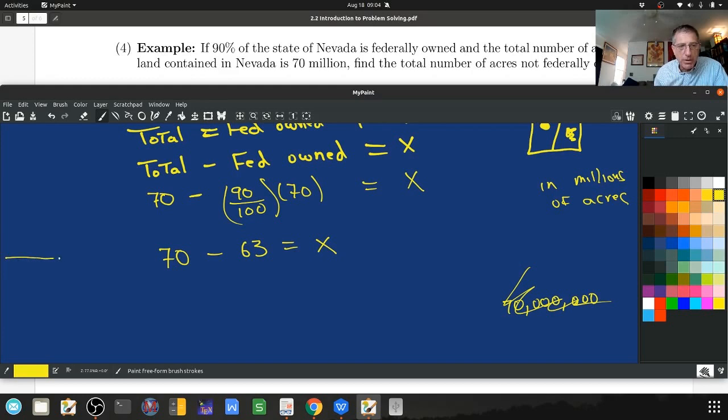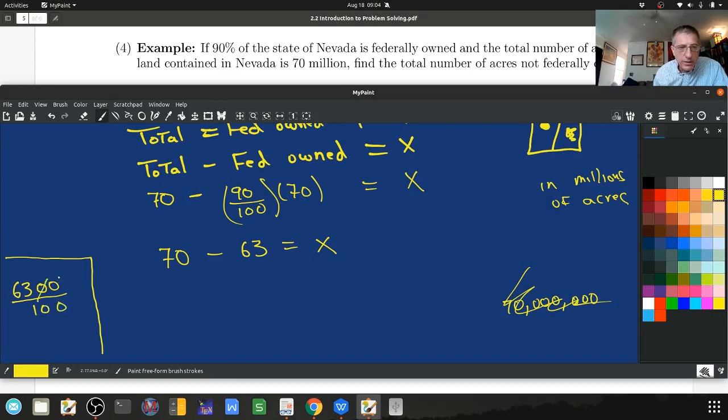So let me explain to you what I was doing over here. I have 90 times 70 over 100. So 9 times 7 is 63. So 90 times 70 is, I add 2 zeros, and then I'm dividing it by 100.